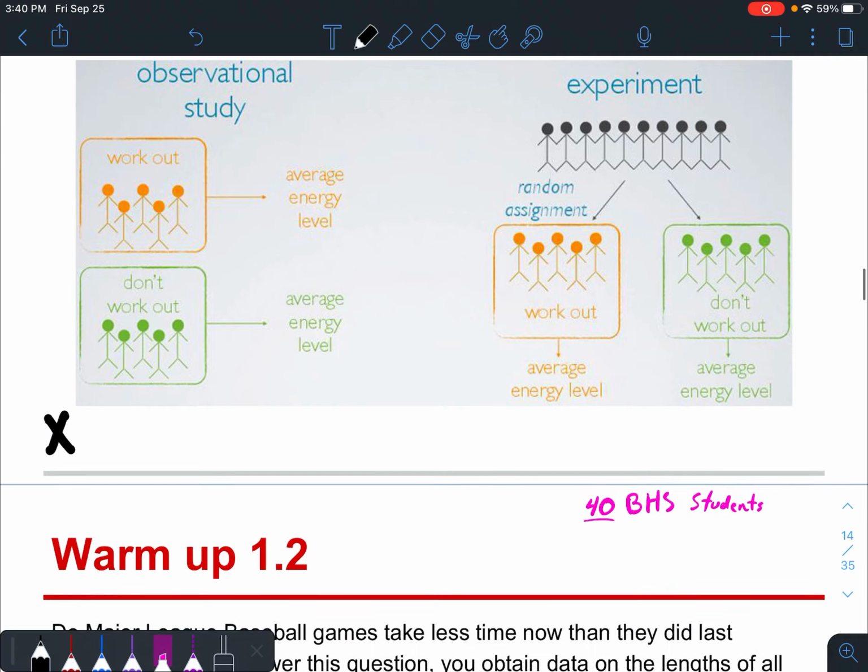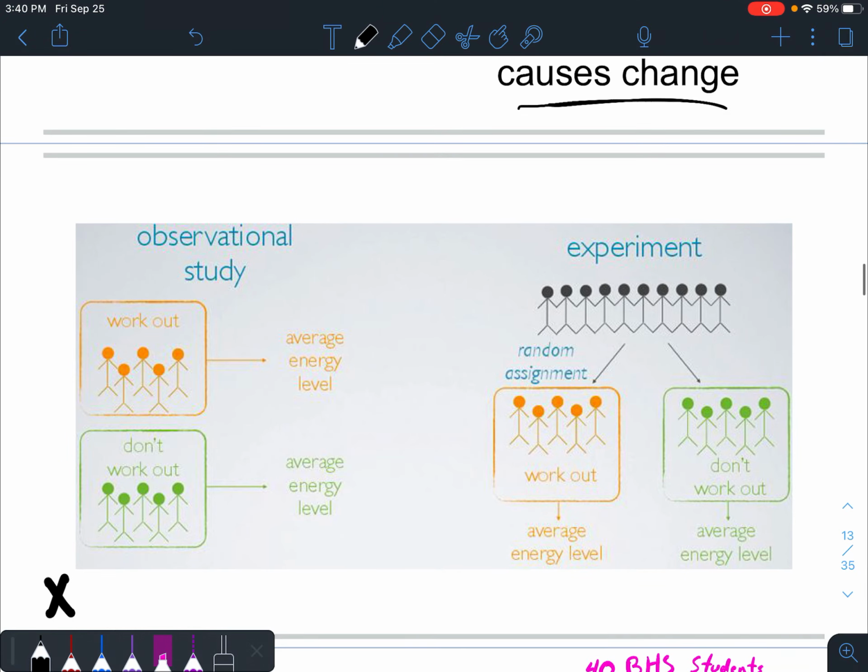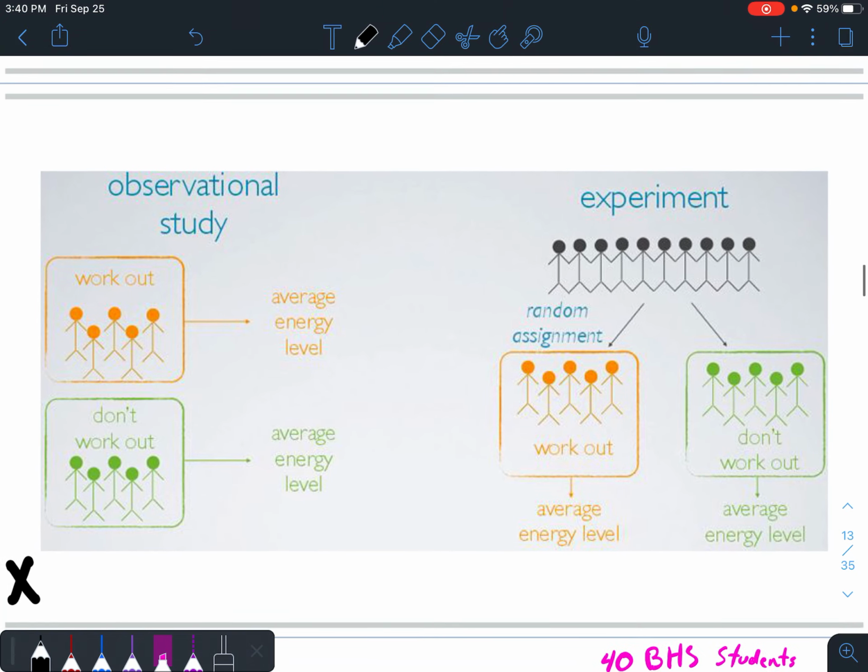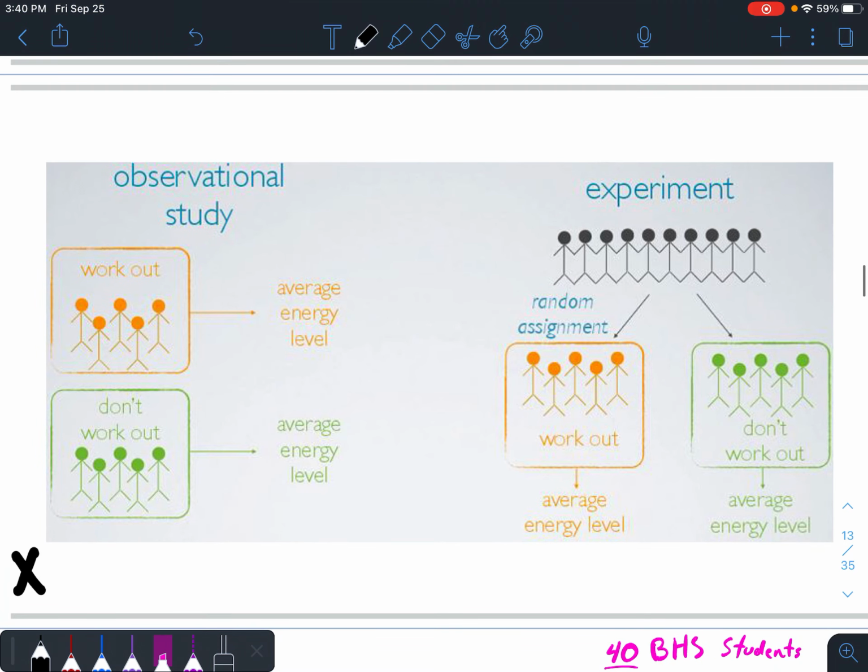So here is kind of a breakdown, and this is the last slide I have for you. So an observational study in this experiment, this visual here for you, kind of breaks it down. So we've got observational study over here. Let's just say we're some psychologist and we're seeing what energy levels our subjects have. What we have is a group of people that work out without us telling them to work out.